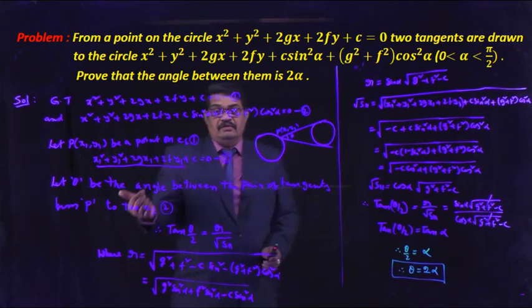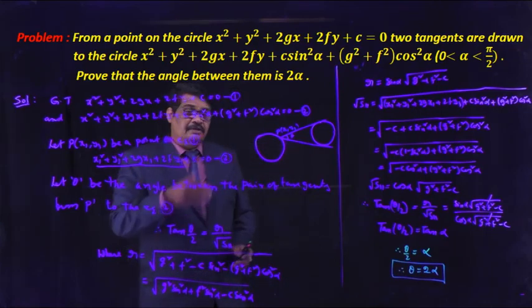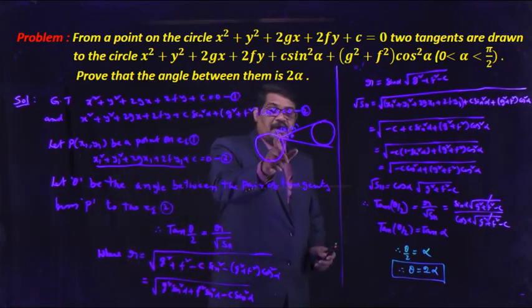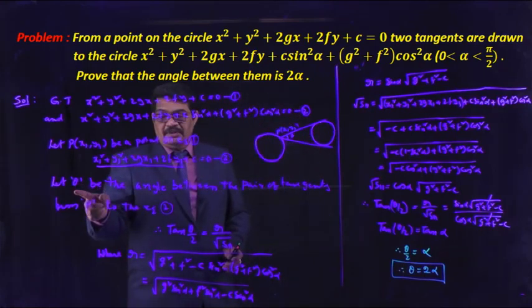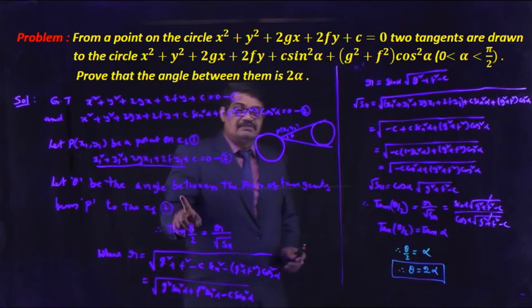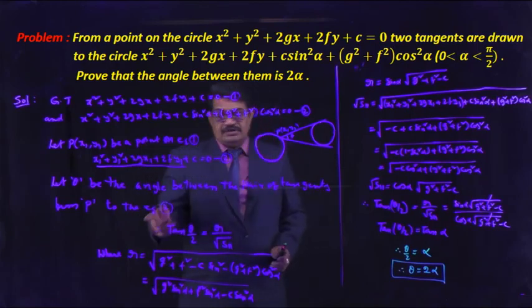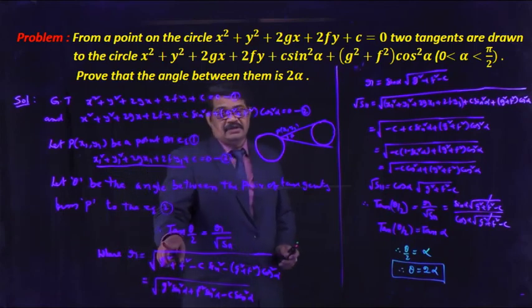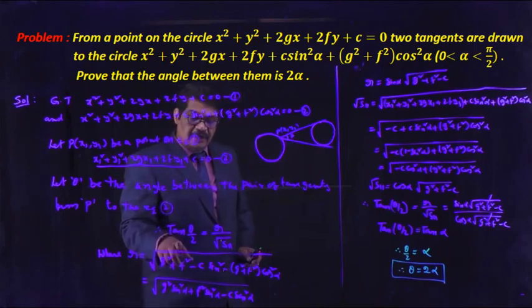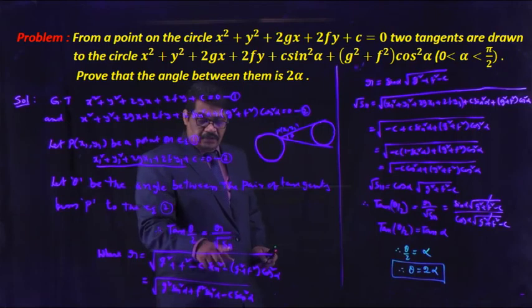Now we find the angle between the pair of tangents from the point x1 y1 to the circle. We have taken theta to be the angle between the pair of tangents from P of x1 y1 to the second circle. So what is the angle between the pair of tangents? The formula is tan theta by 2 is equal to r by root of s11.